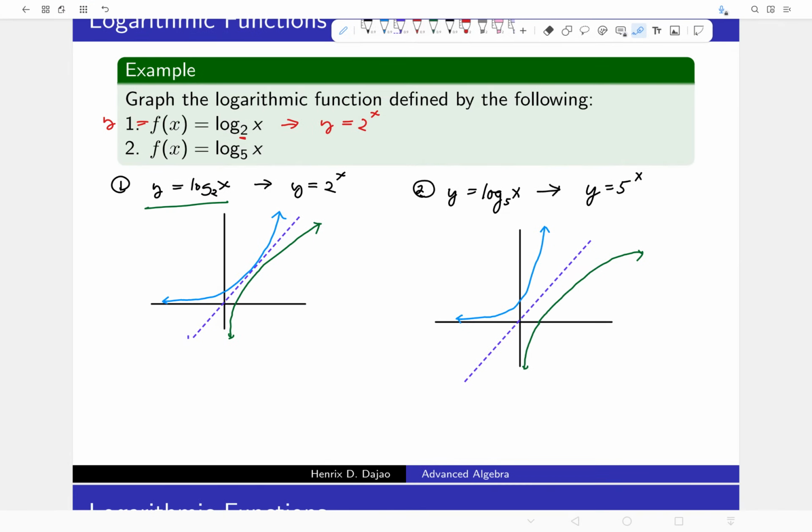And similarly, we can also verify number 2 using a calculator or any type of graphing calculator that you have. So the point there is they're inverses of each other, and we've also shown the graph of y equals log of x with base 2.